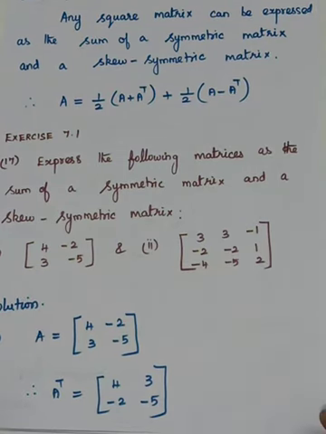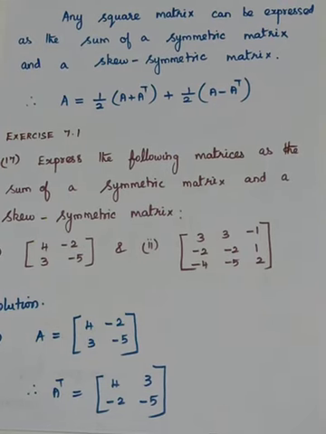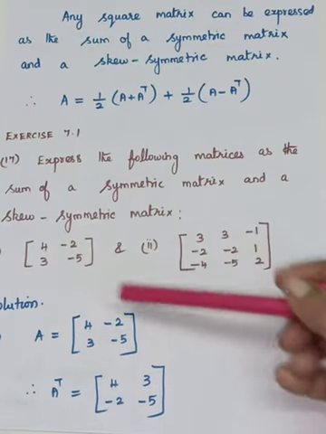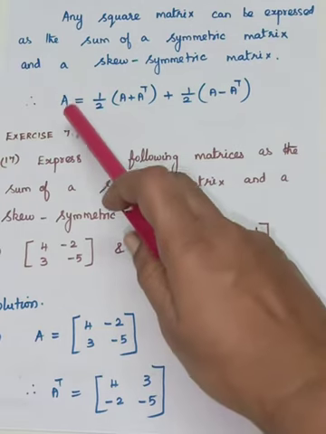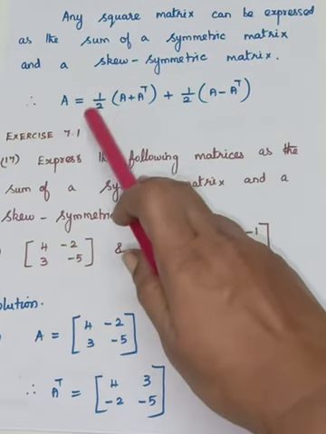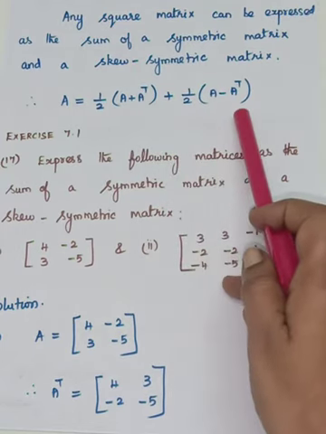See exercise 7.1, 17th problem. Express the following matrices as the sum of a symmetric matrix and a skew symmetric matrix. So first I'll take the first subdivision. This matrix is A. A can be written as half into A plus A transpose plus half into A minus A transpose.